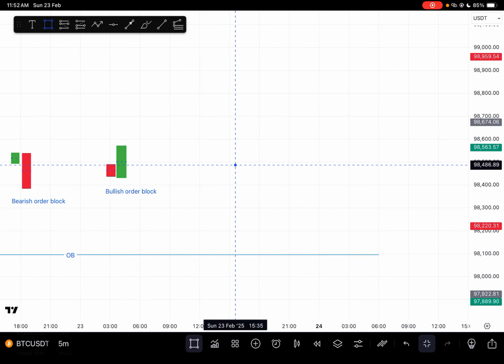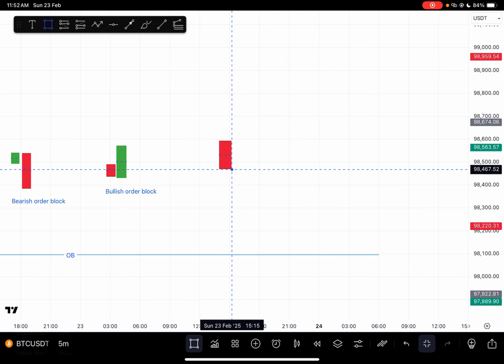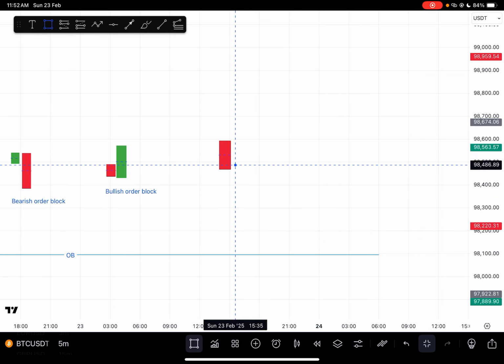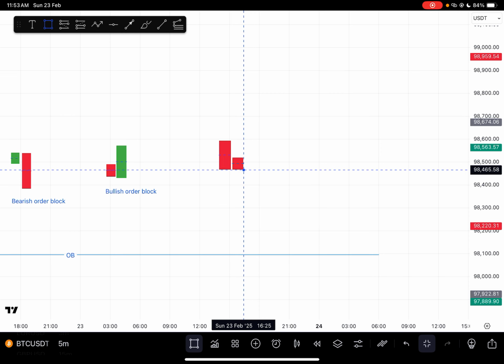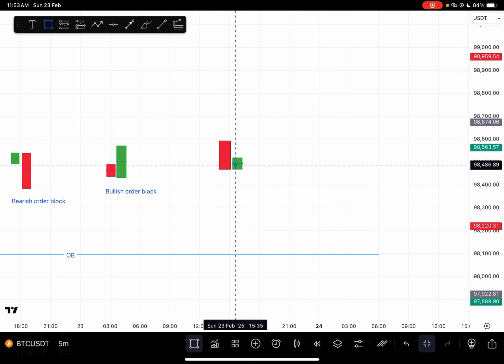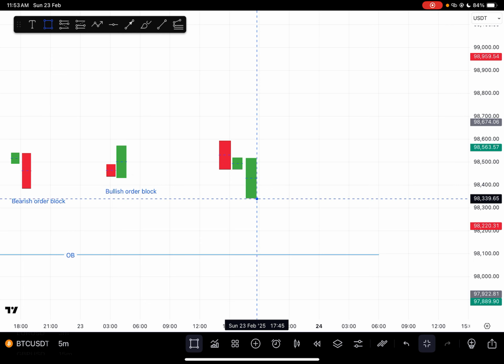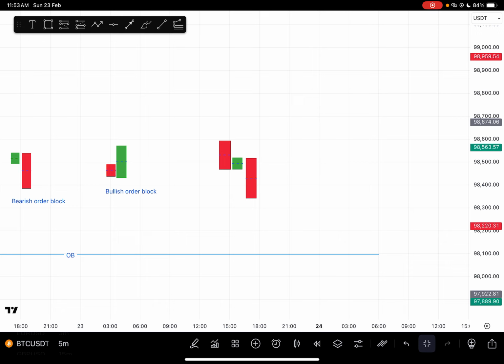Let me give you another example of other types of order block. This is also another type of order block.